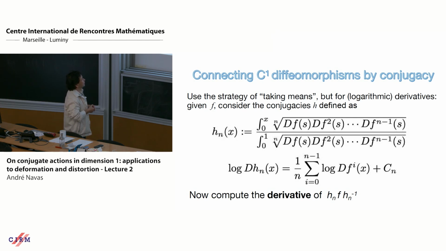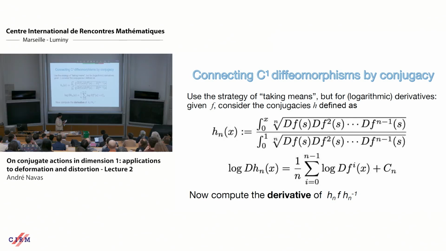The expression of Hn is totally explicit, but the thing that we will retain is that the logarithm of the derivative of Hn is given by this Birkhoff sum plus some constant that doesn't matter for the sake of computation. The constant is just the logarithm of the denominator in the first line. So let me go into the computation.